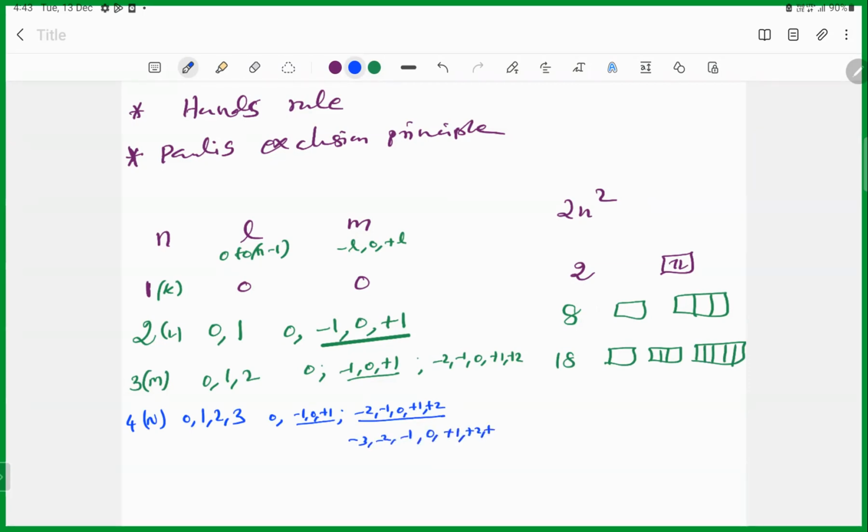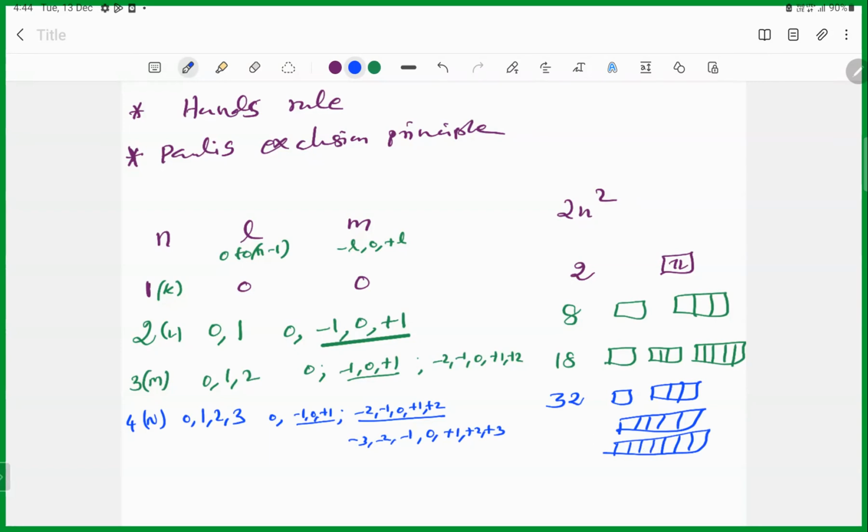So totally how many electrons? 32. n equal to 4 means 32, right? So s orbital, p orbital, d orbital, and f orbital. You calculate all this: 2, 4, 6, 8, 10, 12, 14, 16, 18, 20, 22, 24, 26, 28, 30, 32. So you got how to fill that electron.